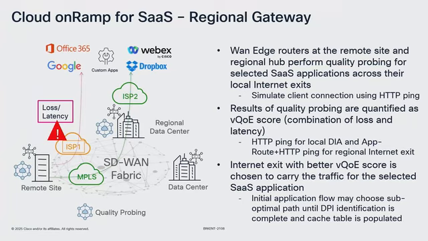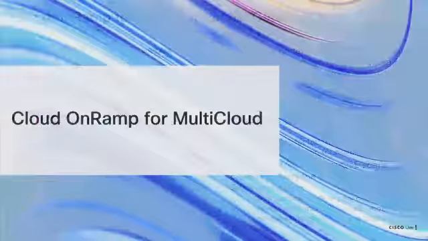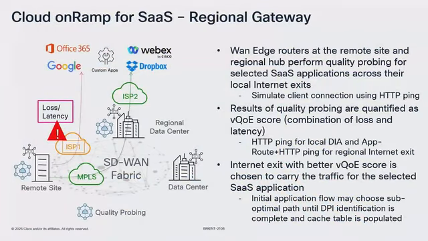All this is automated and inbuilt in the Cloud on-ramp SaaS solution in the SD-WAN manager. And access to some of the most popular SaaS apps, I think around 14, is completely automated and integrated. Optimizations for custom apps are also possible. You can define custom apps with unique FQDNs, port numbers, and so on, and implement these optimizations for those as well.